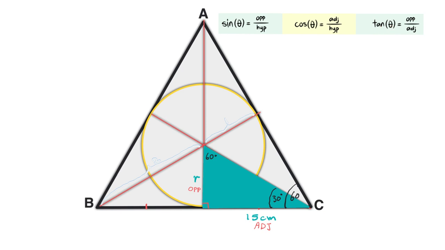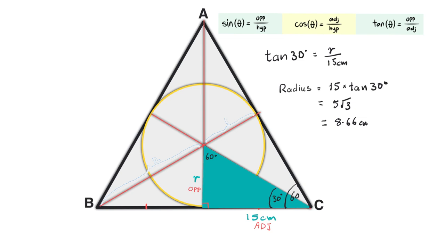So tan 30 will give us the radius over the adjacent 15 centimeters. That means that our radius is equal to 15 times tan 30. Once again, we do this on the calculator, and our answer will be 5 root 3, just like before, which turns out to be 8.66 centimeters.